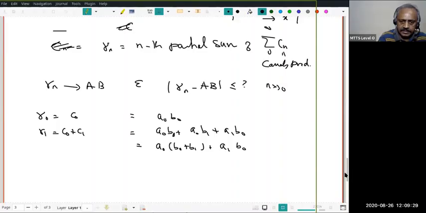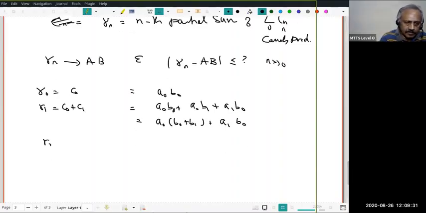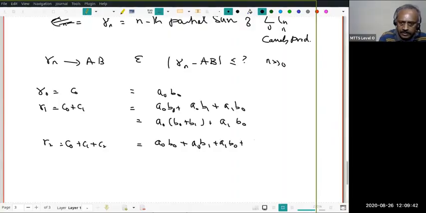Is that all right? Now, what is gamma 2? I will go slow so that people will see the pattern. That's going to be A naught B naught plus A naught B1 plus A1 B naught plus A naught B2 plus A1 B1 plus A2 B naught. So collect A naught terms: A naught into B naught, B1 and B2.